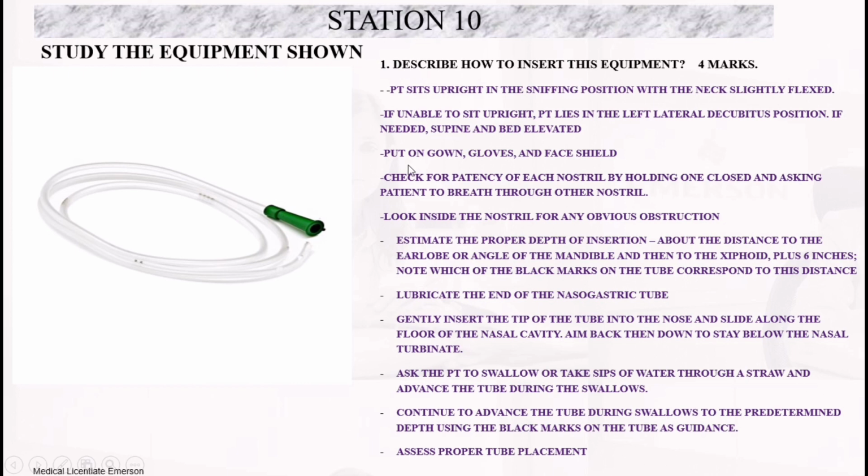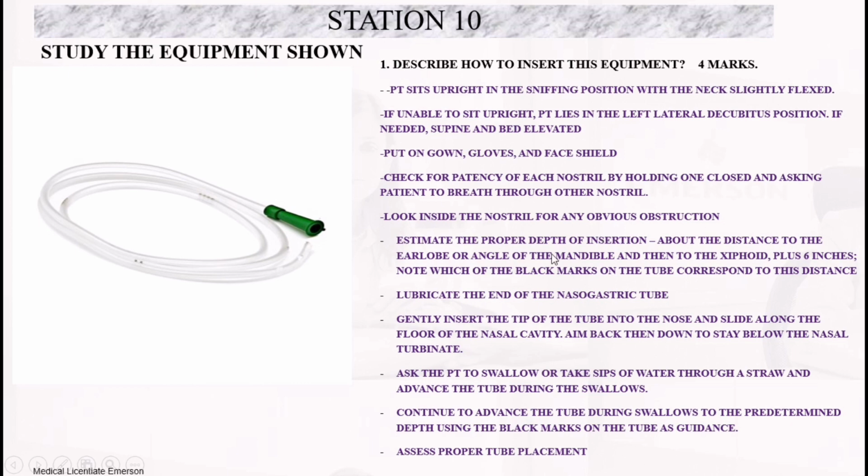Then of course you have to put on gown, gloves, and face shield, bearing in mind that you have explained the procedure and gotten your consent. Then check for patency of each nostril by holding one closed and asking the patient to breathe through the other nostril. Look inside the nostril for any obvious obstruction.